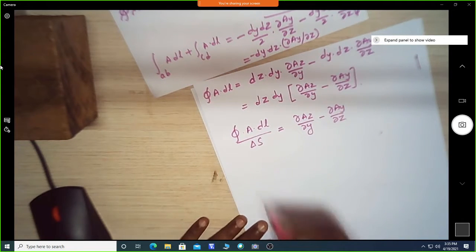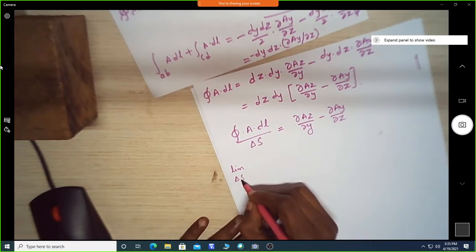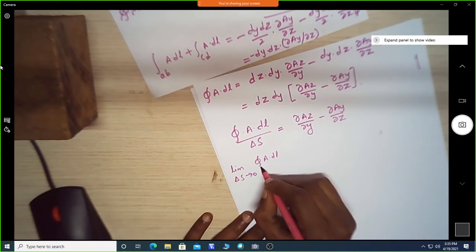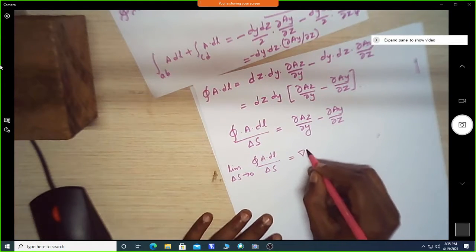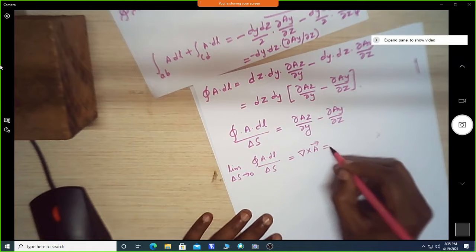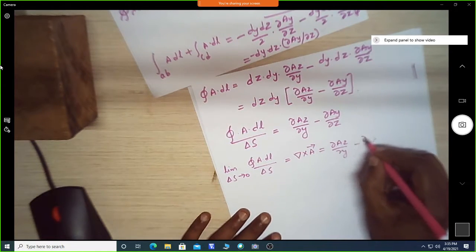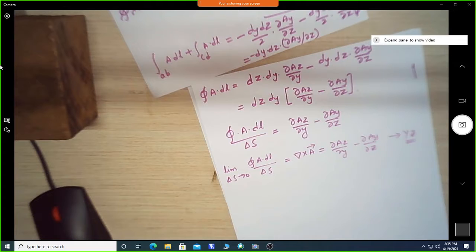If I take the limit del S tends to 0, we can write this as the curl of A divided by del S, that is the curl of A in one plane: del Az by del y minus del Ay by del z. This is in the yz plane, so only one plane we are considering.